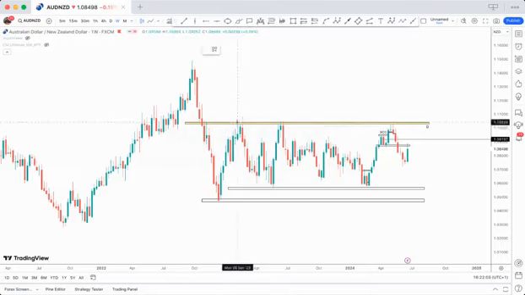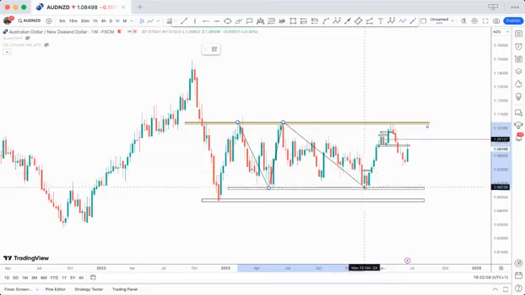Here we have the resistance level respected, then back to the support, and then back to the resistance. So from the resistance now, we're expecting price to come back to the support.